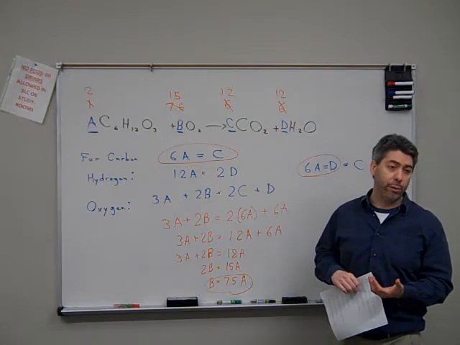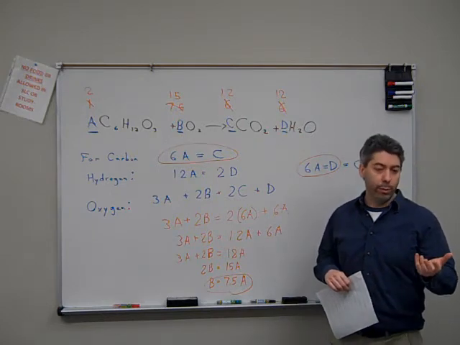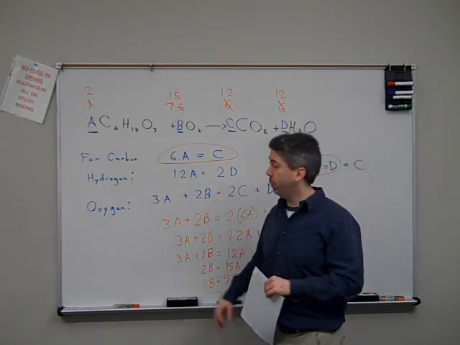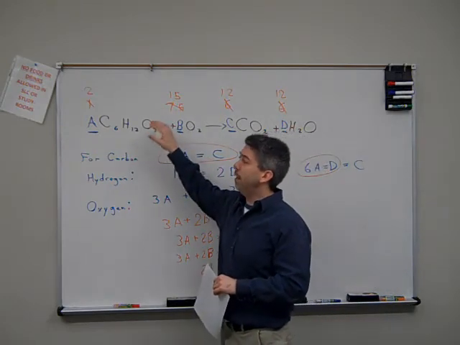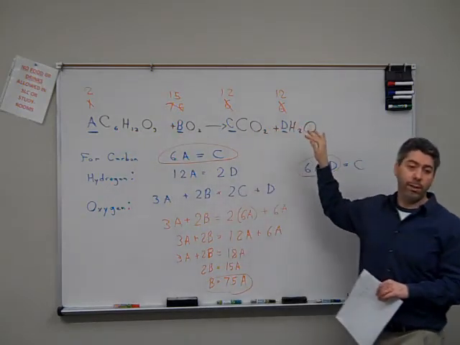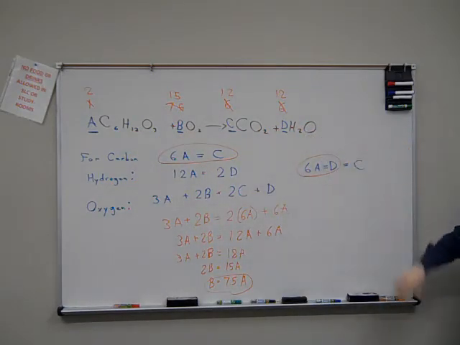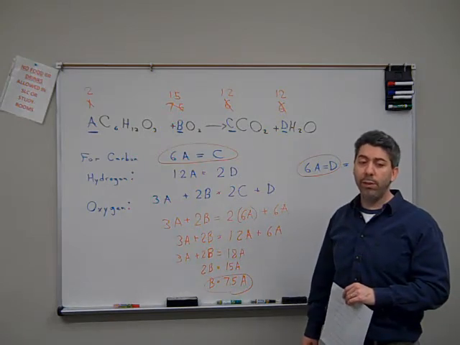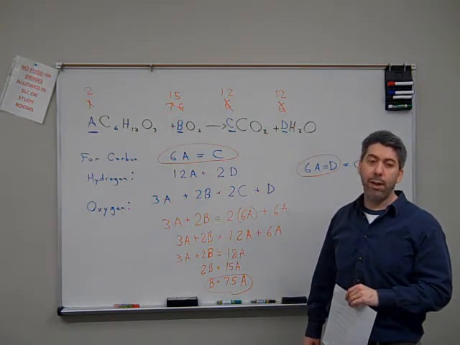Matter cannot be created or destroyed, except through nuclear reactions. So in a chemical reaction, the number of atoms on the reactant side has to always equal the number of atoms on the product side. They can't change identity and they can't change number. So you must always be able to balance the reaction. If you come across one that you cannot balance, bring it to me and I'll show you where the mistake is.